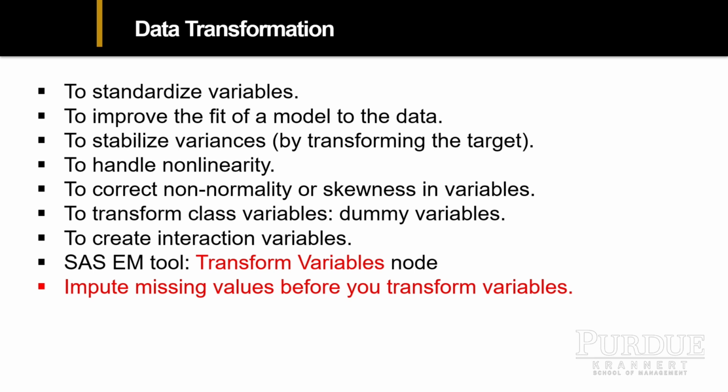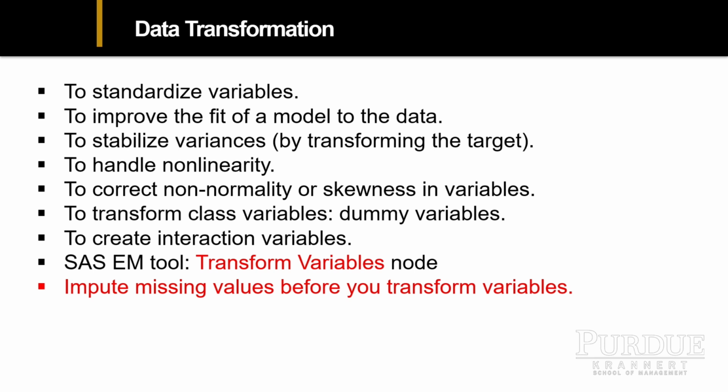For example, if we know y is nonlinear in x1, then we can try to transform x1 as x1 squared or x1 cubed and then run a regression using y and x1 squared and x1 cubed. So that handles non-linearity. We can also handle the non-normality and skewness in the variables. So for left skewed or right skewed, we can use transformation.